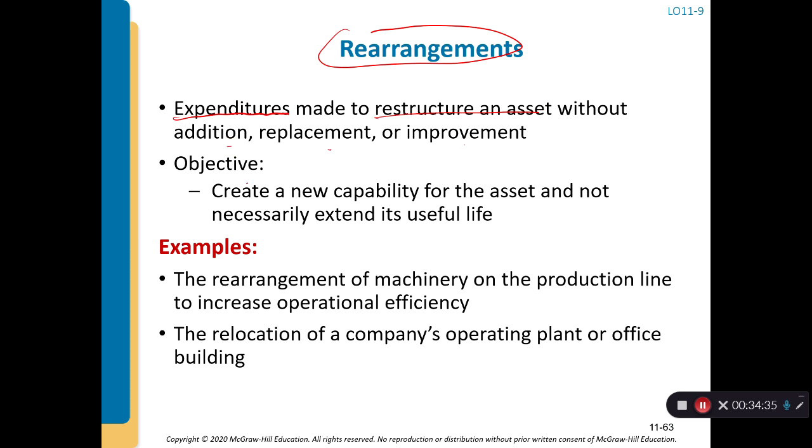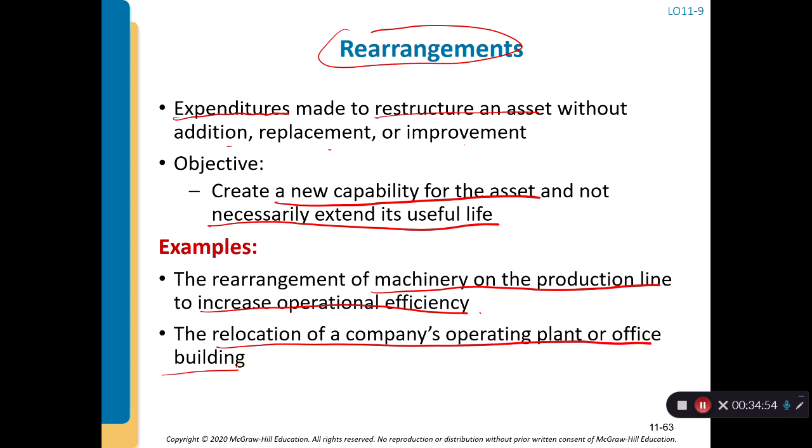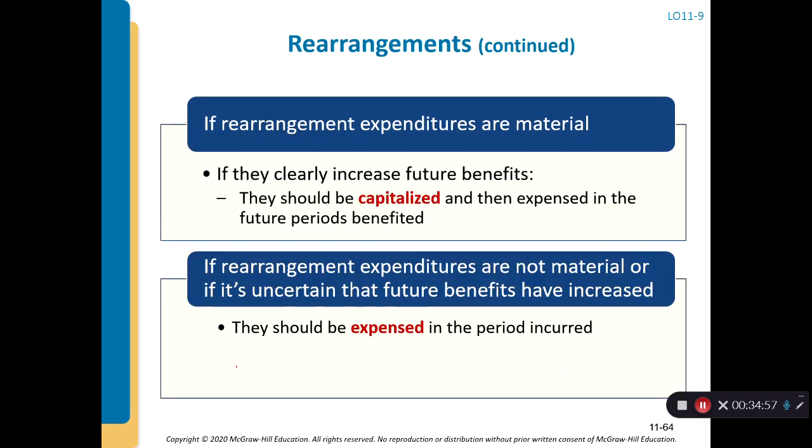The object of rearrangement is creating a new capacity of the asset, not necessarily extending its useful life. An example is rearranging machinery on the production line to increase operating efficiency, or relocating the company's operating plants or offices of the building.